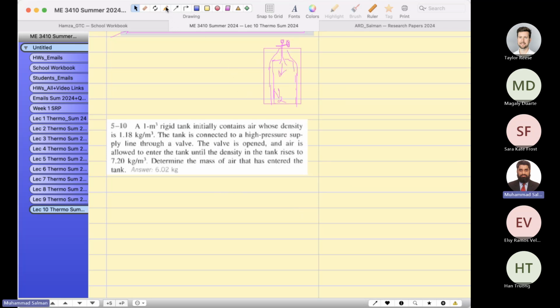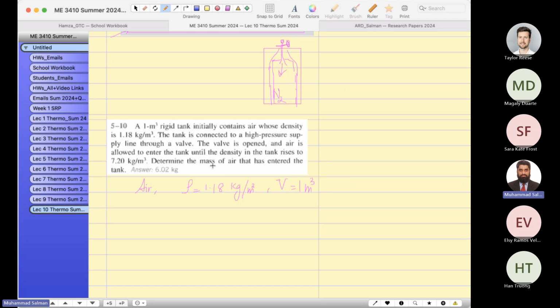A rigid tank initially contains air whose density, so the fluid of interest is air, is 1.18 kilogram per meter cubed, and the volume of this tank is 1 meter cubed.